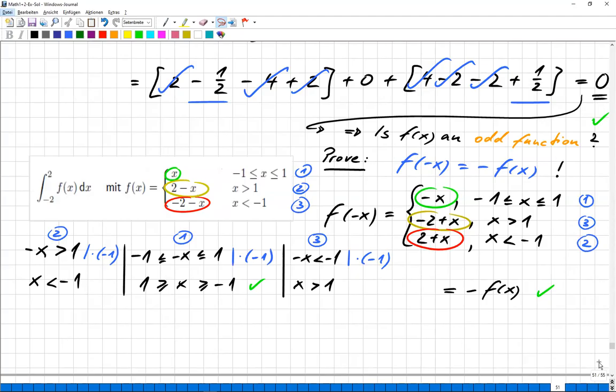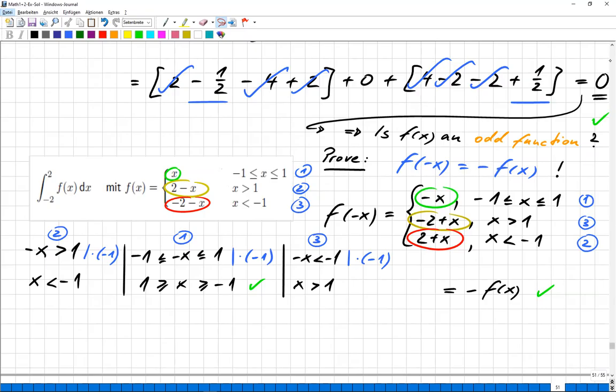So we have to prove that in general it holds that f of minus x equals minus f of x. That's just the formal version of saying that if I'm at a certain position x, let's say on the right, and I jump to the left to the corresponding opposite number, the function value must change its sign.